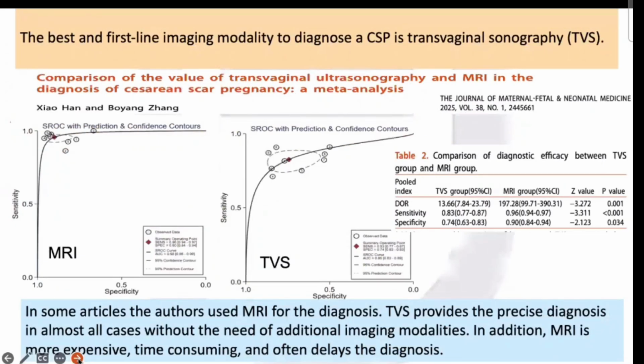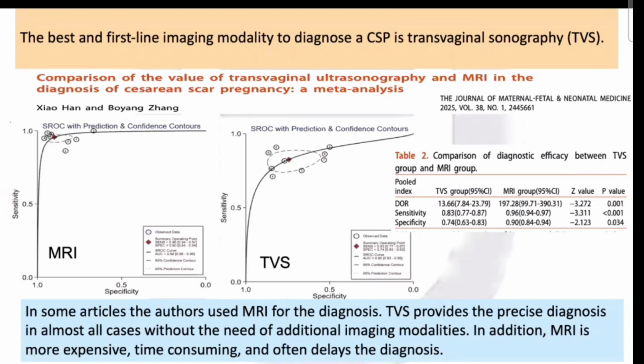As you heard before, and we are ultrasound fans, the first modality in imaging for doing the diagnosis is transvaginal sonography. It has also been suggested that you can do magnetic resonance, and as you see, this is a very recent paper that shows that magnetic resonance seems to have better sensitivity and specificity for this type of pregnancy.